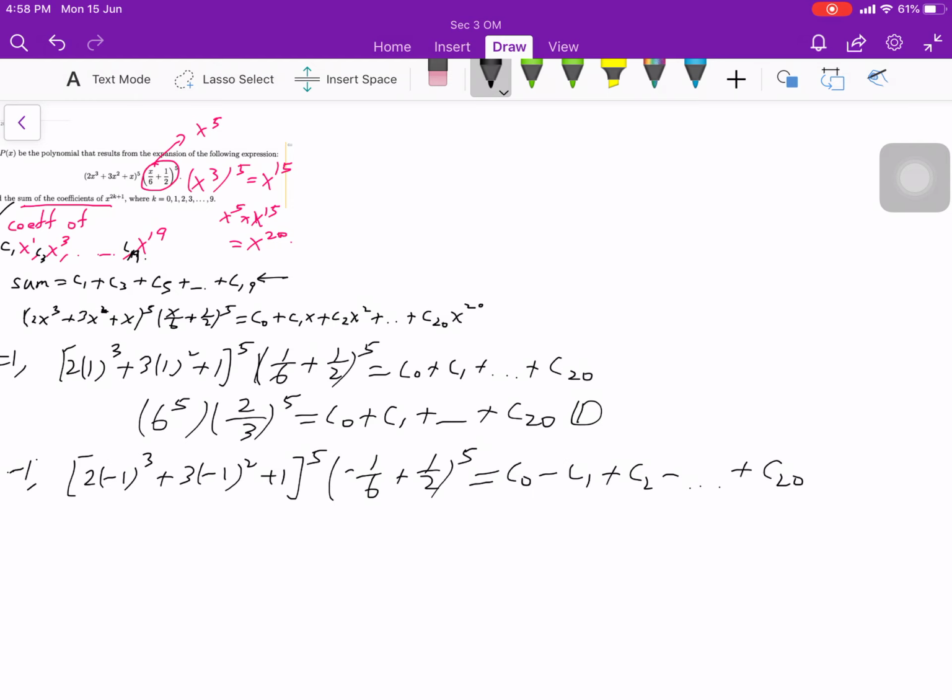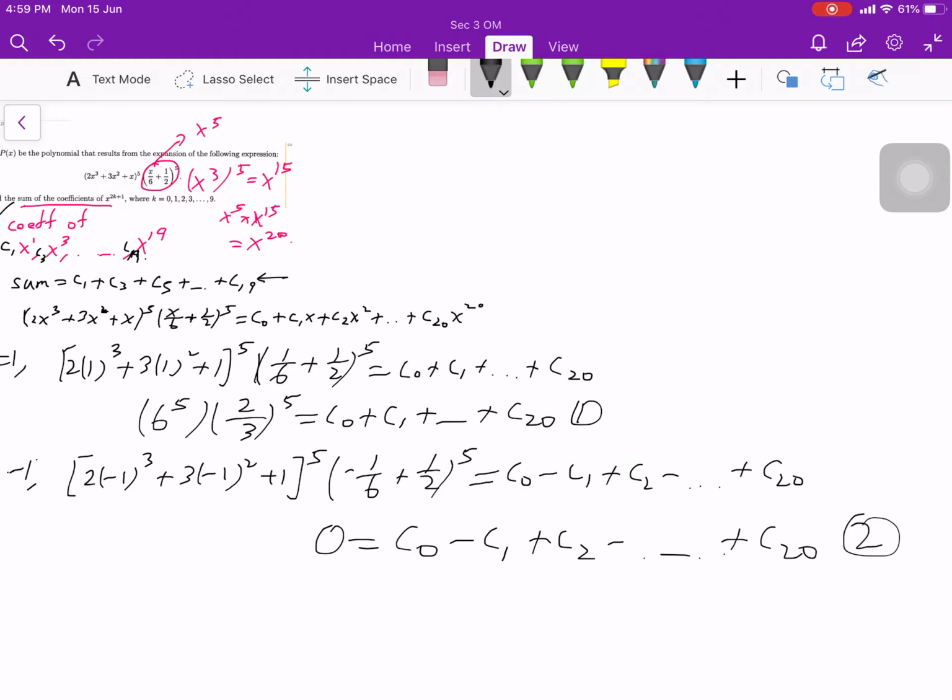Can you see that you basically get minus 2 plus 3 plus 1. This is basically 0. Therefore, what you get is actually a 0 here, and 0 is equal to C0 minus C1 plus C2 minus, and then go all the way to plus C20. Therefore, this is my equation 2.